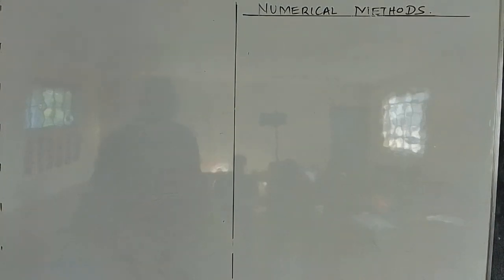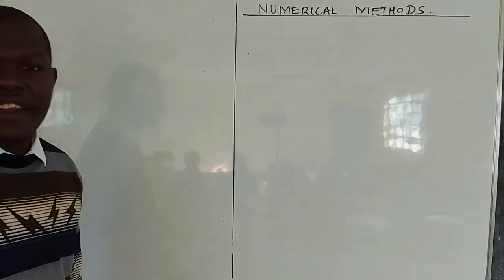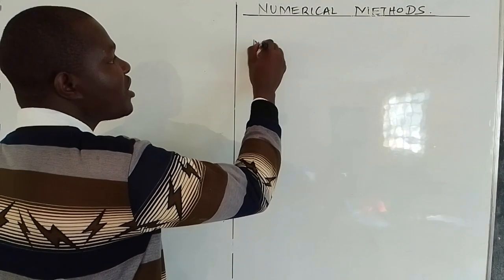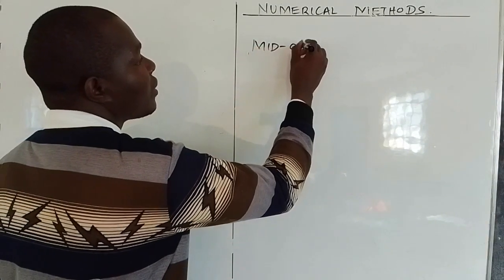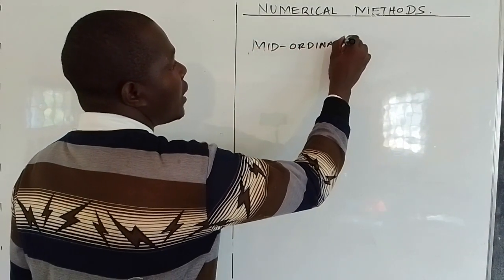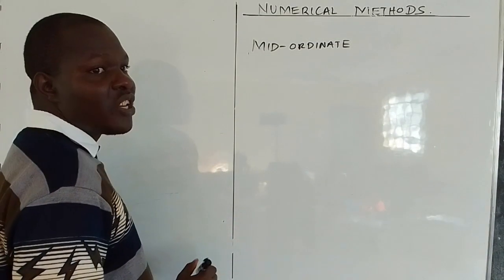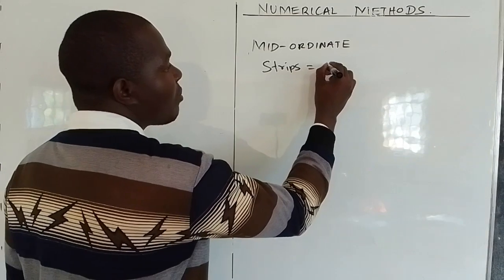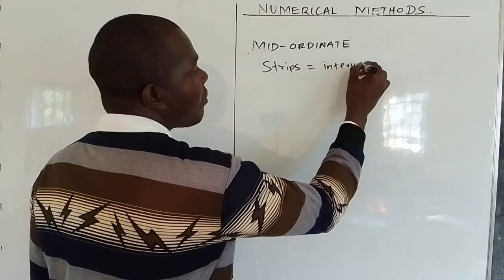We've seen how to determine the area under the curve with the mid-ordinate rule. So what have we seen in the mid-ordinate rule? The first thing we've seen is that the number of strips is equal to the number of intervals.